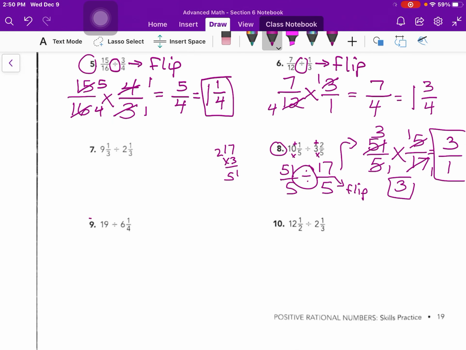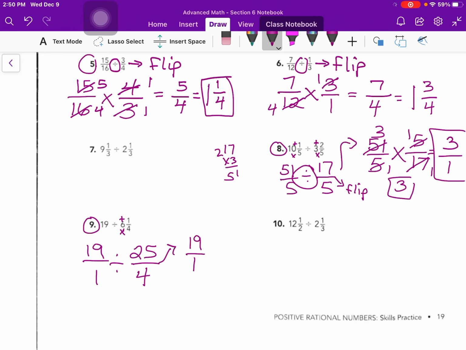When I have one like number 9, 19 divided by a mixed number, I can rewrite the 19 as a fraction, 19/1. And then I can change this one. 4 times 6 is 24, plus 1 is 25/4. Then I have to remember to rewrite it now.